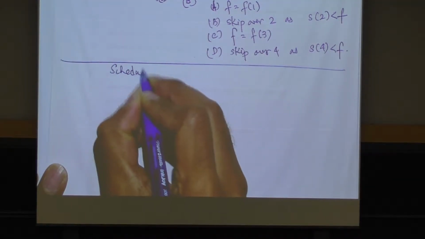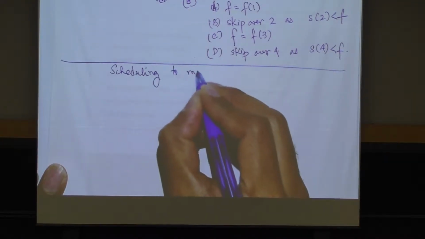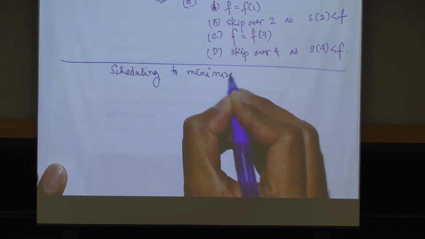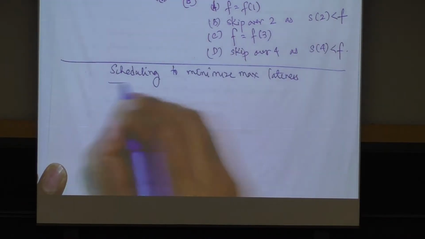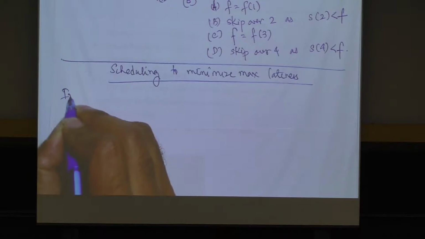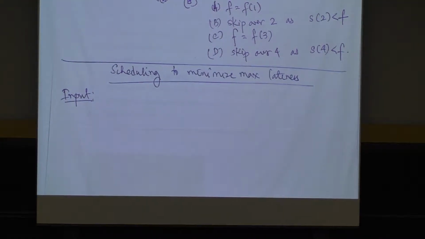So this problem is called scheduling to minimize max lateness. And the input now are, instead of calling them intervals, I'm going to call them jobs because I can move them around, as opposed to intervals which have a fixed start time and finish time.